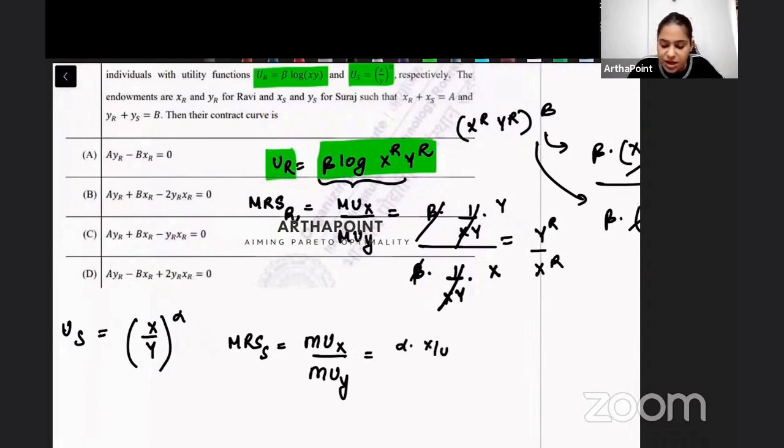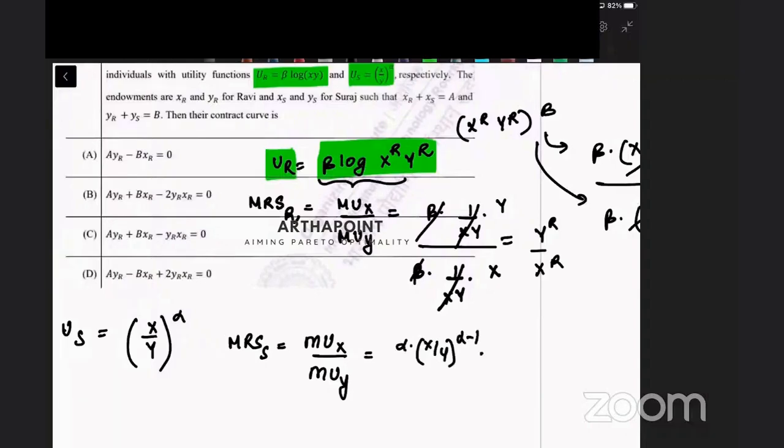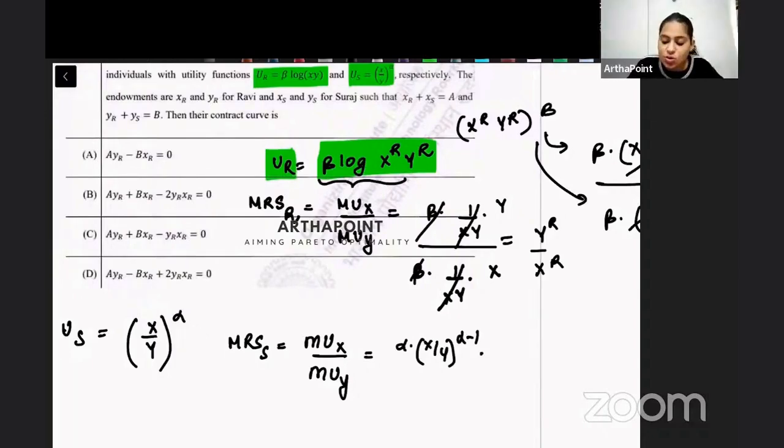Alpha x by y to the power alpha minus 1 into 1 by y. And when you differentiate this with respect to y, what will you get? Alpha x by y to the power alpha minus 1, and y is in the denominator, so the differentiation of y will be minus 1 by y square. So it will be minus x by y square.